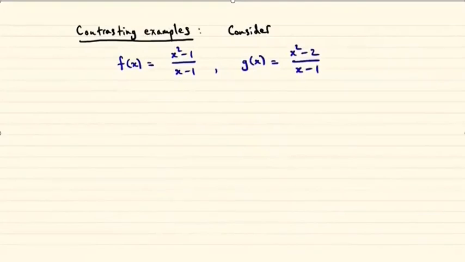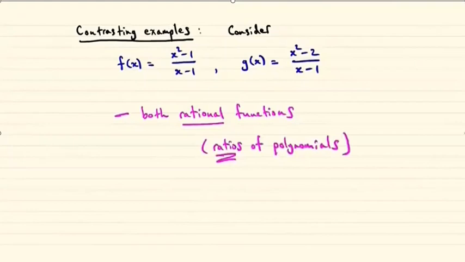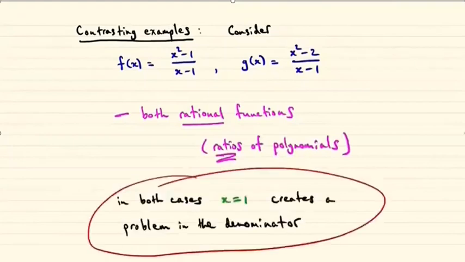These are both examples of rational functions, ratios of polynomials. In both of these cases, x equals 1 creates a problem in the denominator, because trying to evaluate them with x equals 1 means dividing by 0, which is forbidden.